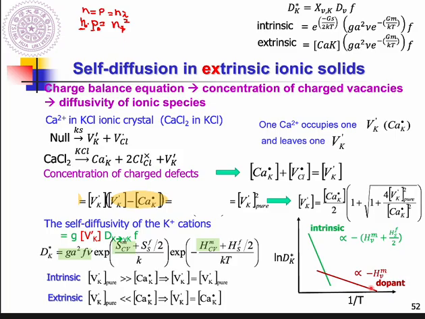But if you randomly pick the temperature and get a curve like this black one, this obviously tells you that within this temperature region, two mechanisms dominate with corresponding activation energies. At lower temperature it will be dopant control, and at higher temperature it will be intrinsic control.